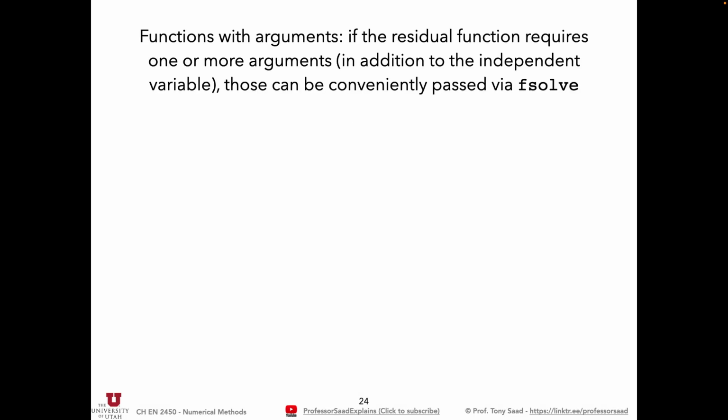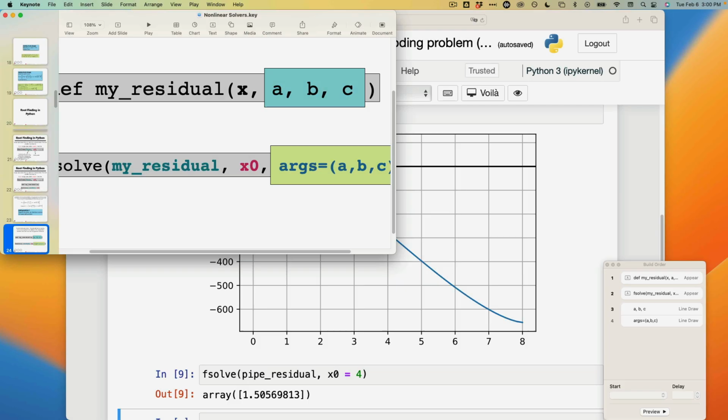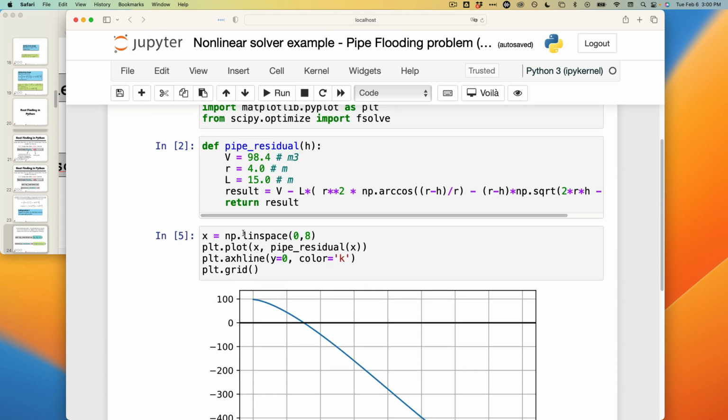Now, functions with arguments. If the residual function requires one or more arguments in addition to the independent variable, okay, so if we were to go back to this problem, and then Sandy City calls you and says, oh, we have a flood, but our pipes are 5 meters in radius, and there's like 124 cubic meters of water spilled, and our pipe length is 11 meters, right?